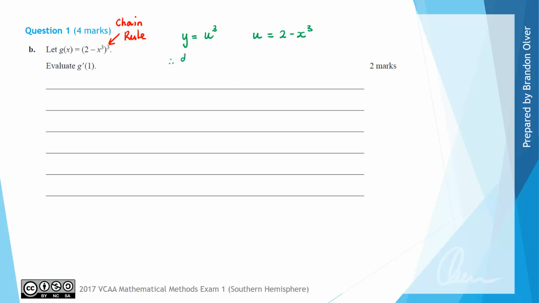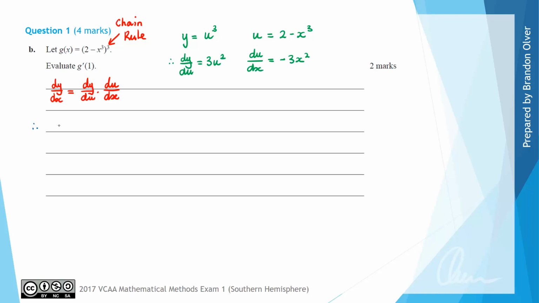So therefore dy du, the derivative of u cubed with respect to u, is just 3u squared, and du dx, the derivative of 2 subtract x cubed, is simply negative 3x squared. From the formula sheet we know that the chain rule, which calculates dy dx, is equal to dy du multiplied by du dx.